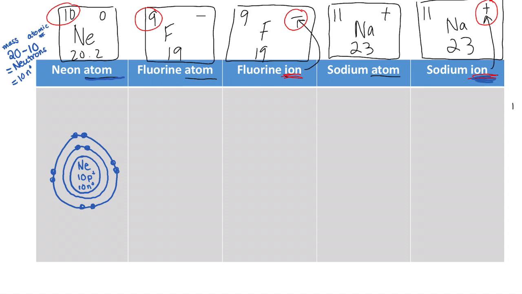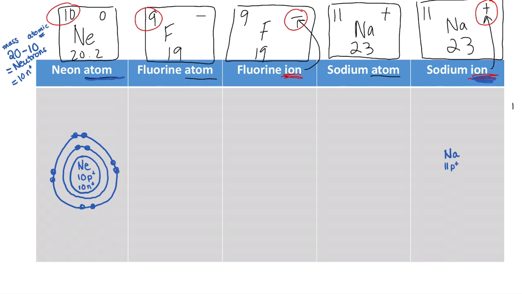Now we're dealing with a sodium ion. Sodium has an atomic number of 11, meaning it has 11 protons. So we're going to follow the same steps for the beginning. Sodium, symbol Na. It has 11 protons.